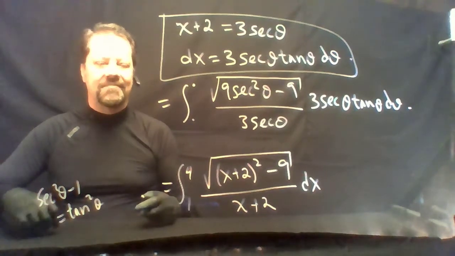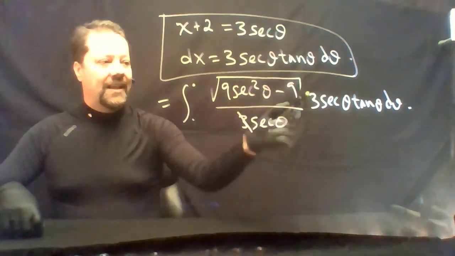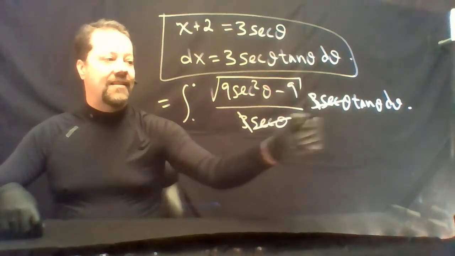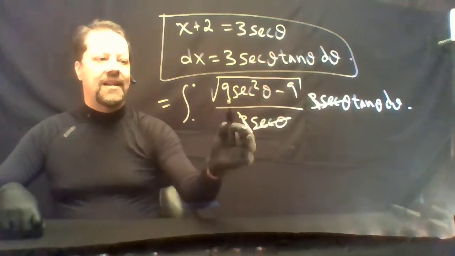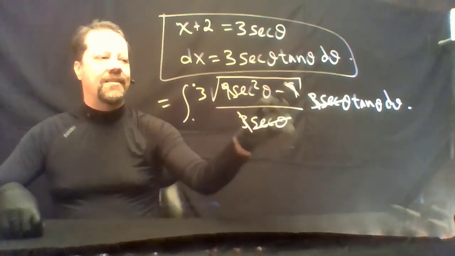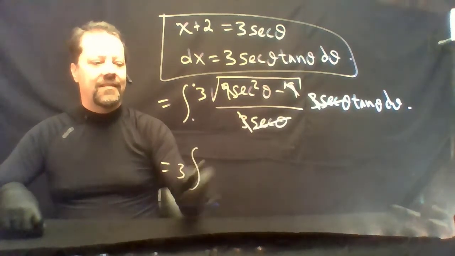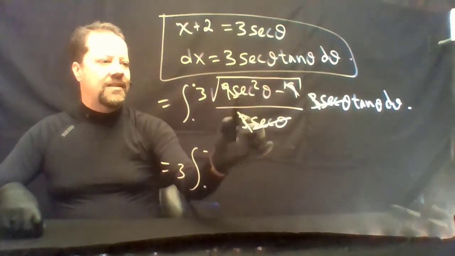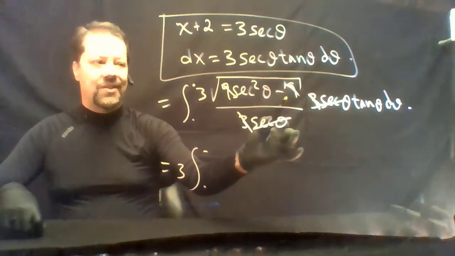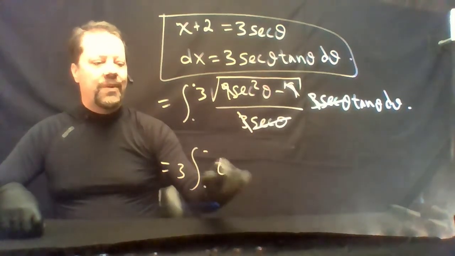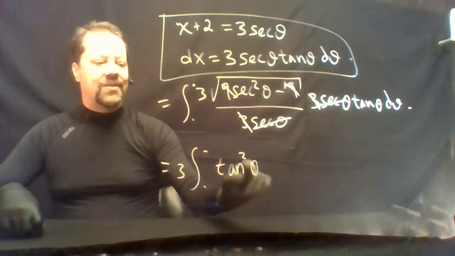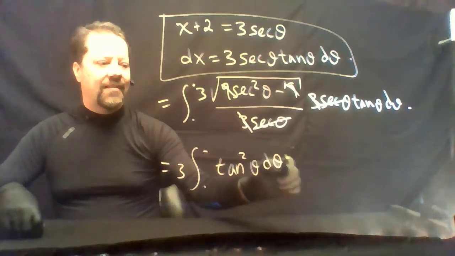Now we simplify. We can cancel these 3's and the secant theta. The 9 comes out of the square root as a 3, leaving a 1 in this position. Secant squared theta minus 1 is tangent squared. Square root is tangent. We will be integrating tangent squared theta d theta.